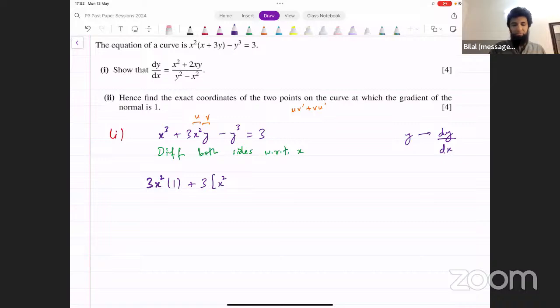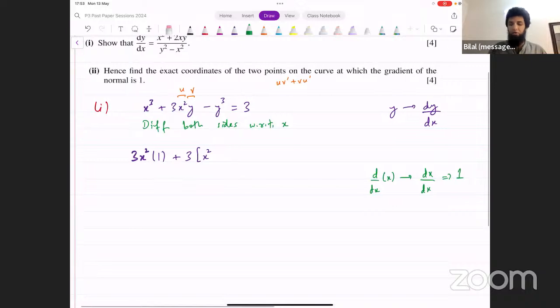Now, this is an important thing to remember when you're doing implicit differentiation. When you differentiate x with respect to x, what's the result for that? Derivative of x with respect to x, dx over dx, that is just 1. However, when you differentiate y with respect to x, what does that become?